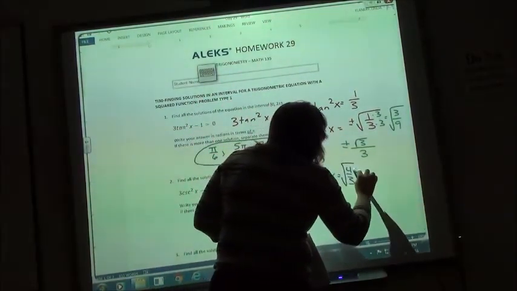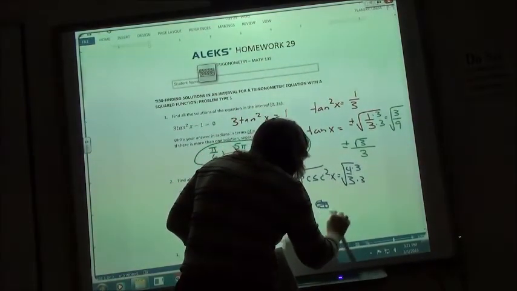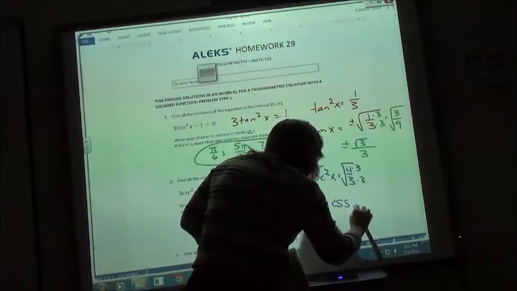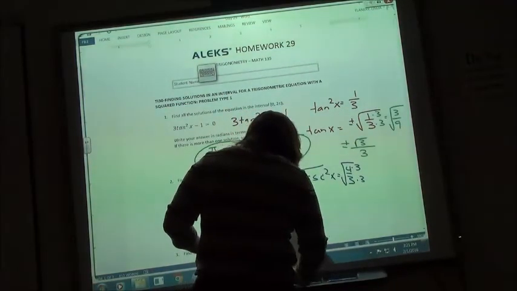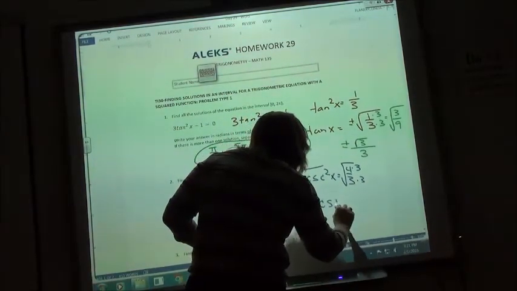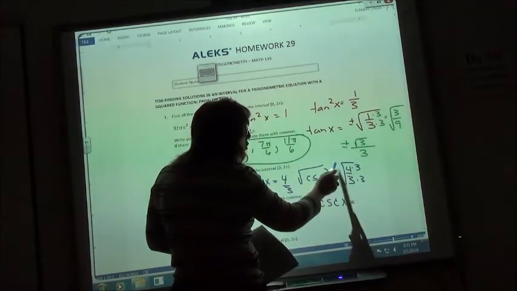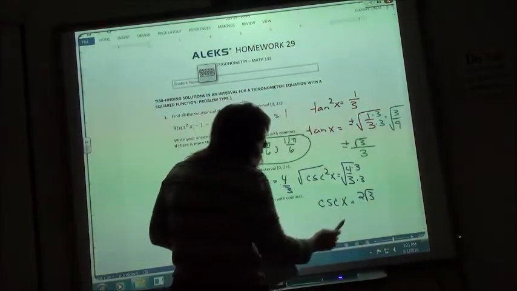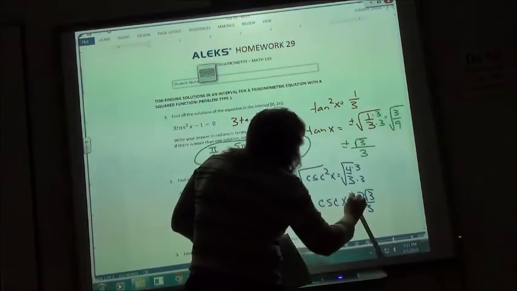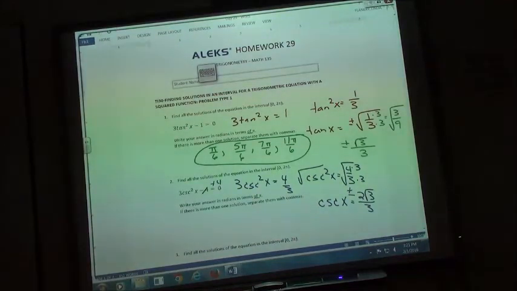And if I rationalize that, cosecant of x is going to equal... Now when I simplify this, the square root of 4 is 2, so I'm going to get 2 square root of 3 on top. On the bottom we have the square root of 9, which is 3. And of course, since we did the square root, we have to do plus or minus. So we're going to look up plus or minus 2 square root of 3 over 3.